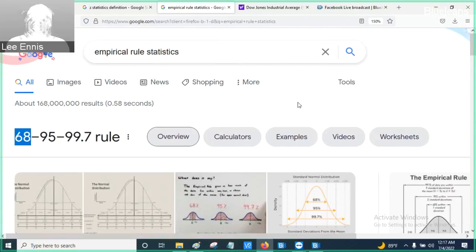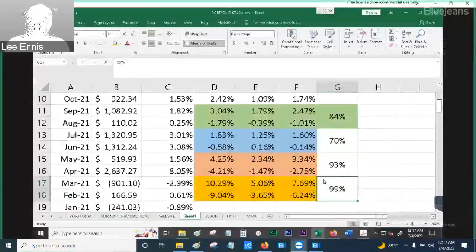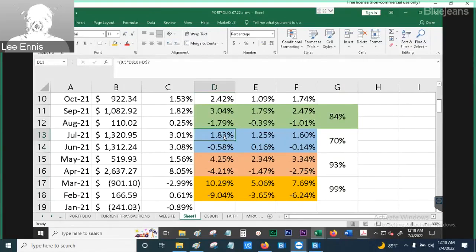Okay. In this case, we're talking about returns for the portfolio. All right. So at 70%, we expect that the portfolio is going to return either 1.83% per month or it's going to return a negative 5.8% per month. Okay. We can predict that at 70% accuracy.